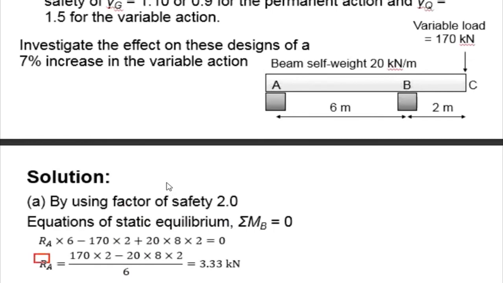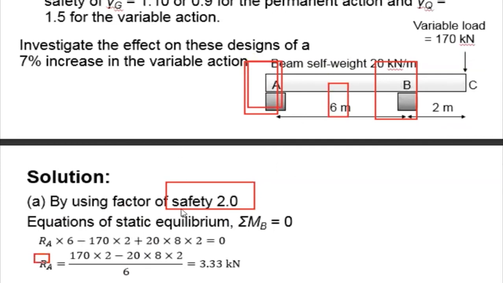The first way is to consider a factor of safety of 2. Now from the equations of equilibrium, taking moments at point B, the reaction A times its length gives the moment. The clockwise moment should be equal to the anti-clockwise moment. So this load times its perpendicular distance gives the anti-clockwise moment here.